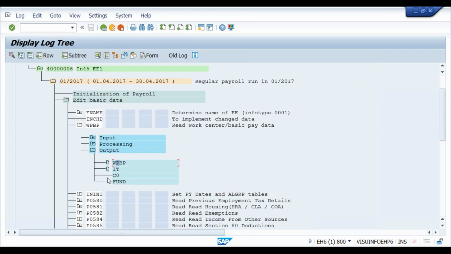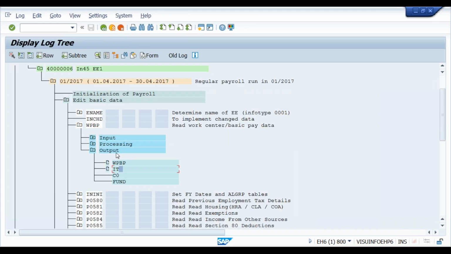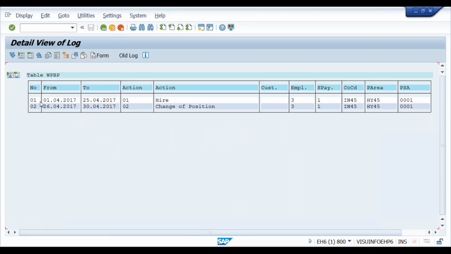So how do you know, if you go to the IT table, which period this belongs to? Look at what the split is. It is the WPBP split. Go to the WPBP table and you see the indicator.